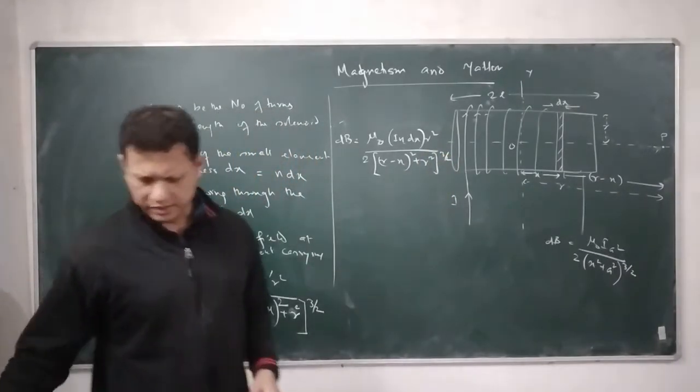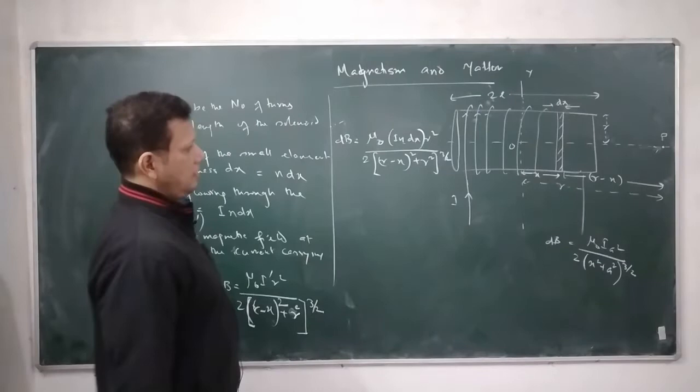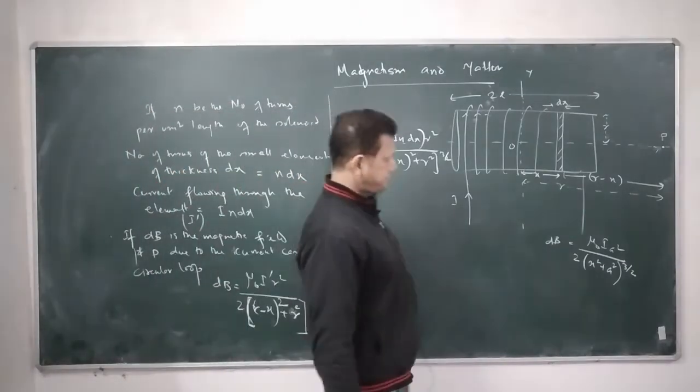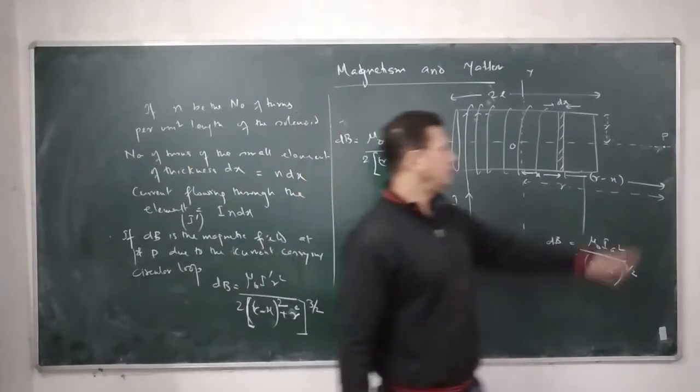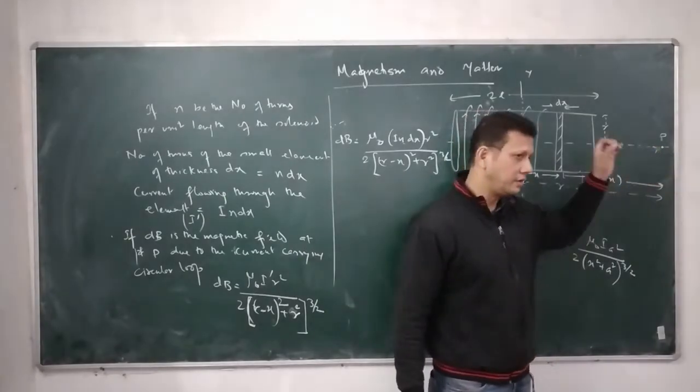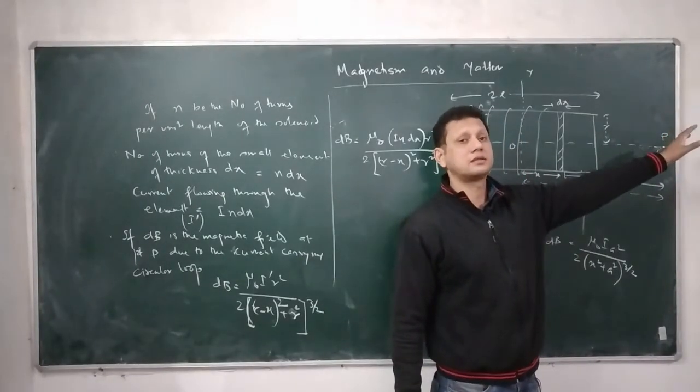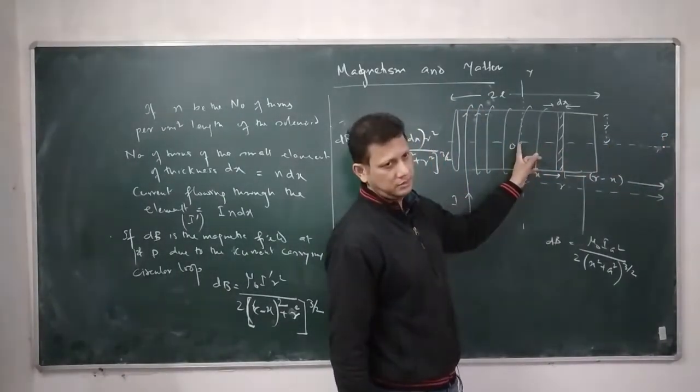Now for simplicity, you do one thing: you consider the point P to be at a very far away distance, at a very large distance from the center.